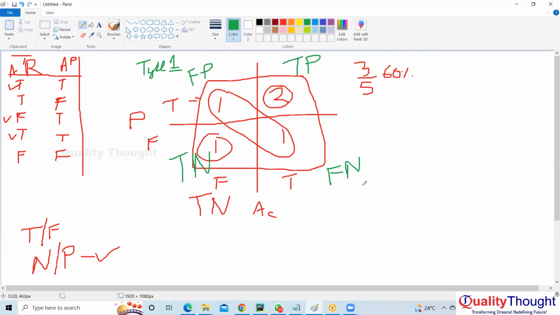And false negative is called type 2 error. Type 1 error means you suspect that something is going to happen and you are ready for it, and it did not happen. Type 2 is when you do not suspect and something bad happens.